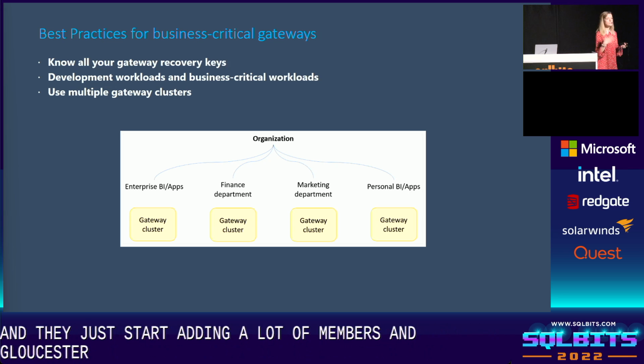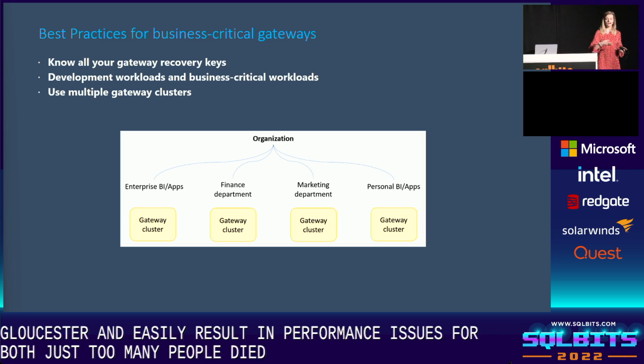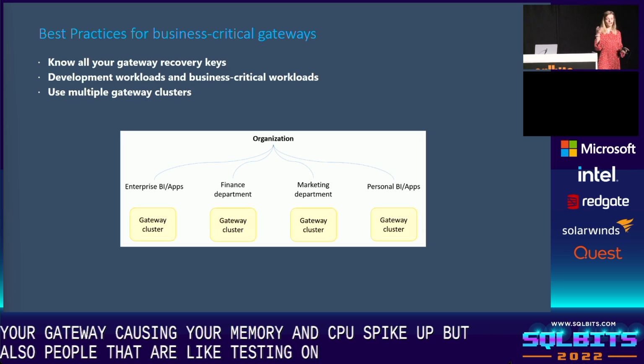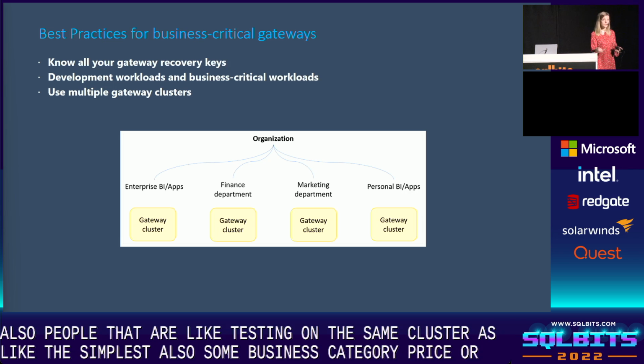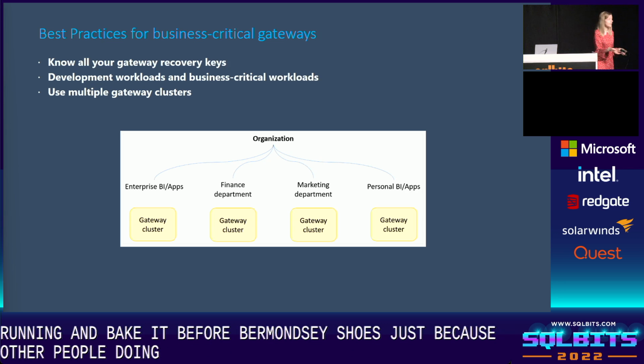And this can easily result in performance issues, both from too many people sending queries to your gateway, causing either memory or CPU to spike up, but also people testing on the same cluster while some business critical reports are running, and those get performance issues just because other people are doing maybe something unwise with the gateway.